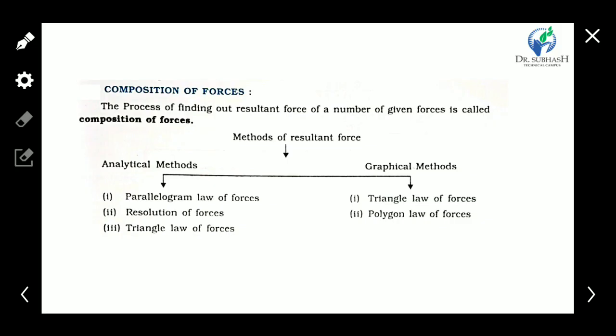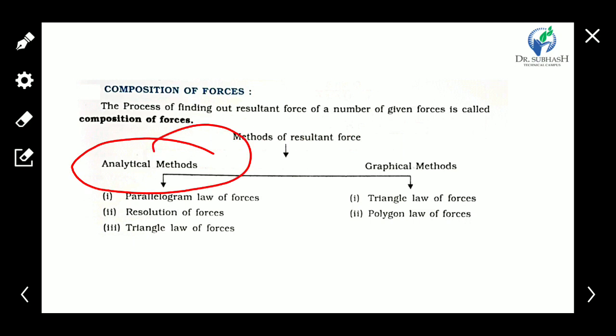First, we see the composition of forces. What is the composition of forces? We already discussed it in the last lectures. Composition of forces is the procedure to find the resultant, so it's called the composition of forces. This procedure is divided into two methods: analytical methods and graphical methods.